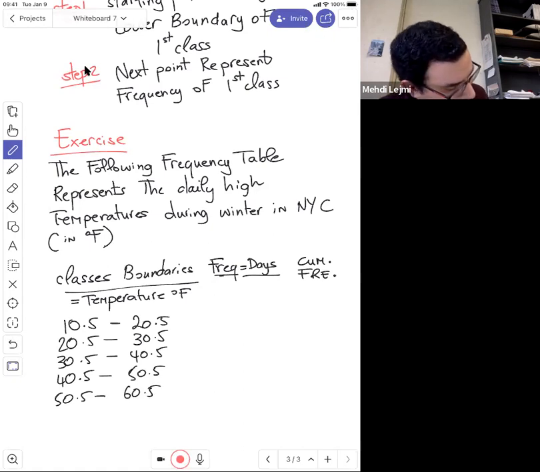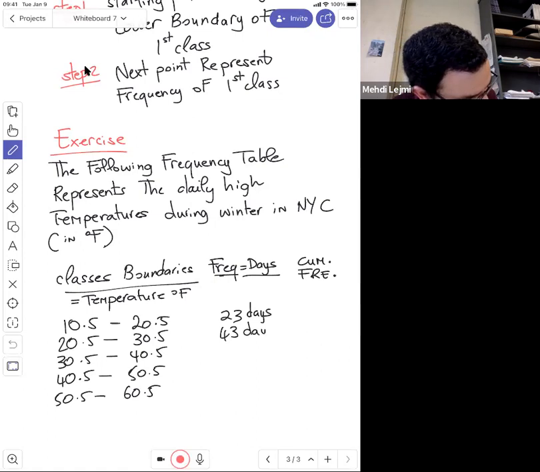So in the winter, we had, let's say, 23 days with temperature between 10.5 and 20.5. And then we have, let's say, 43 days with the temperature between 20.5 and 30.5 Fahrenheit, right?